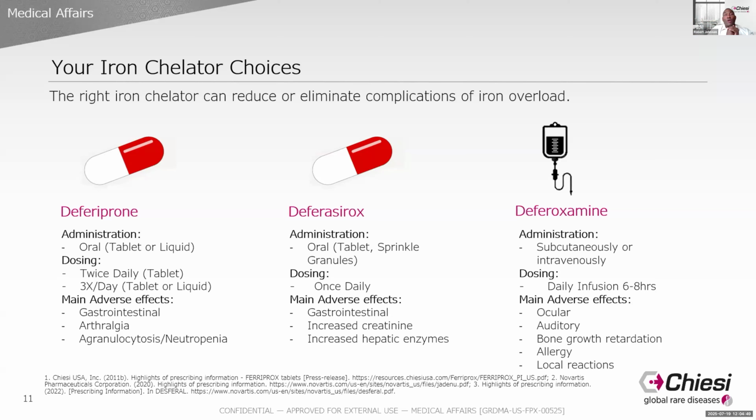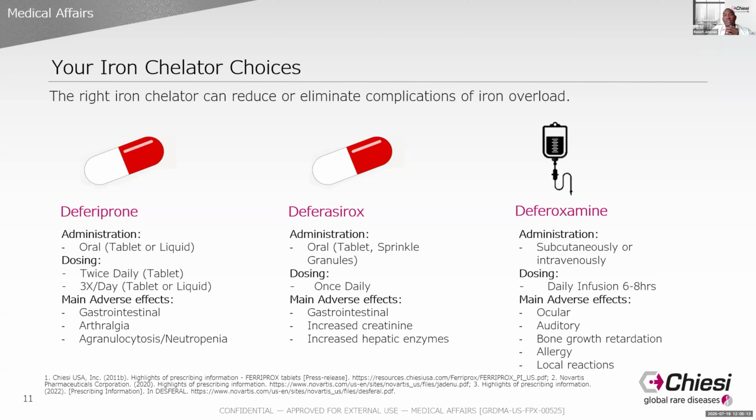There are 3. Deferiprone is an oral, twice-a-day tablet. There actually is a liquid formulation for this. Its main side effects are gastrointestinal, and there is a warning for agranulocytosis and neutropenia. Deferasirox is another oral agent, taken once daily.